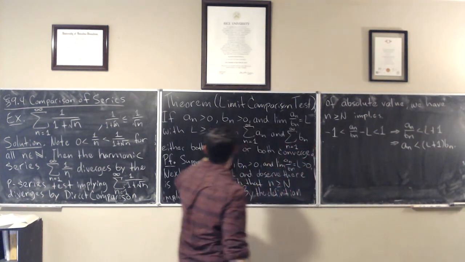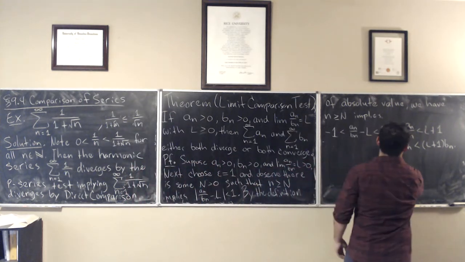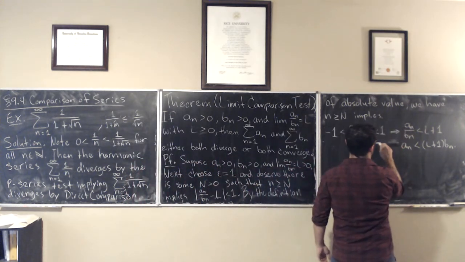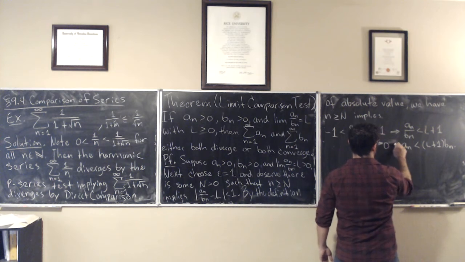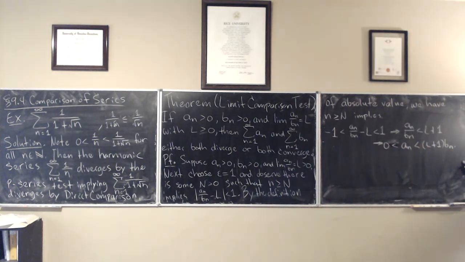And since a sub n is greater than 0, we have also that 0 is less than a sub n, which is at most this.